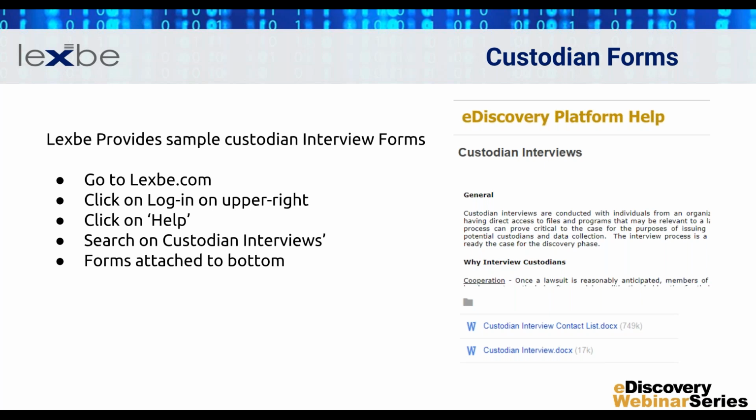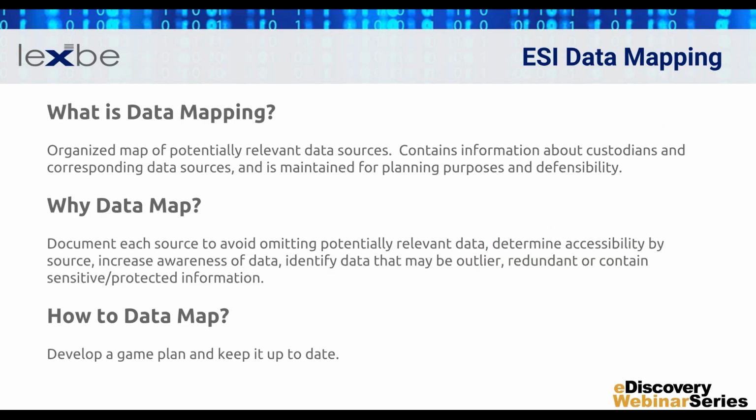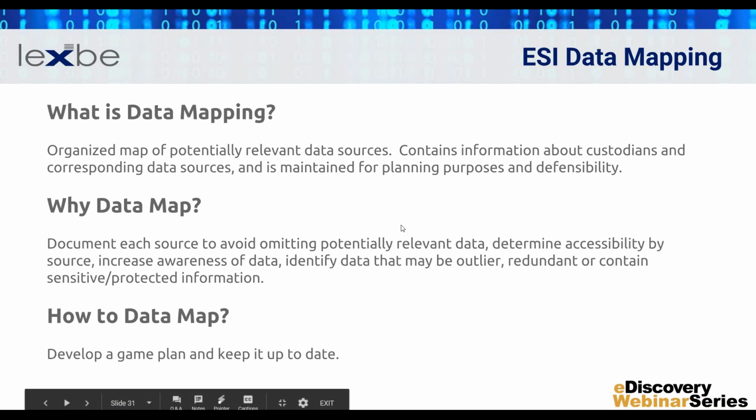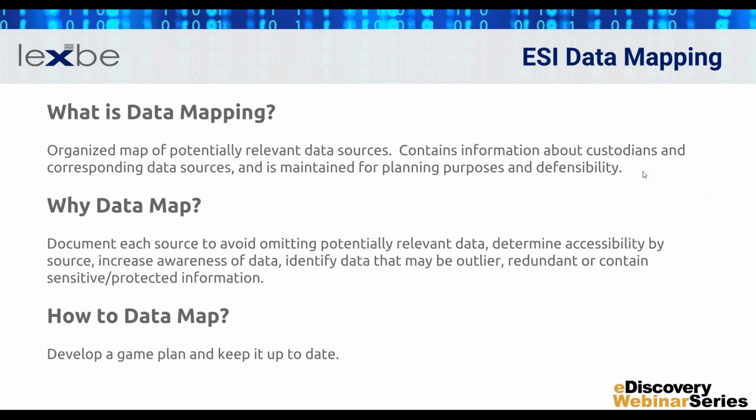Next, let's turn and talk about data mapping. This flows as the next step to do after or concurrent with doing the custodian interviews. So the data mapping is an organized map of data sources for legal purposes to be able to identify how many data stores do the custodians have.